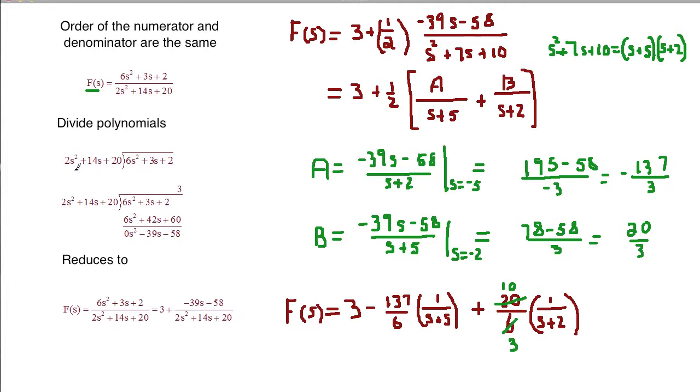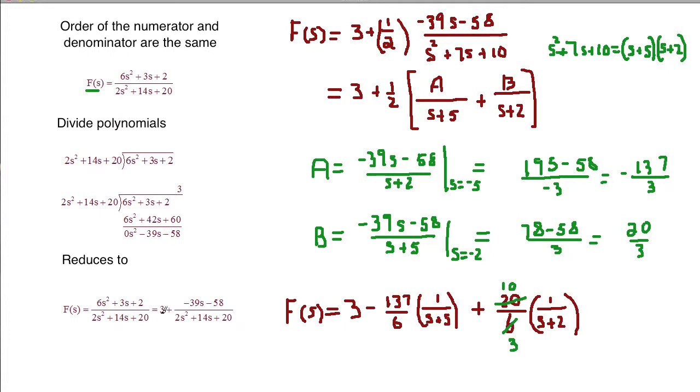We go through the exercise of dividing the denominator into the numerator, and we come out with the following. It's 3, and then this is the remainder. Notice it's 0 times s squared minus 39s plus 58. One way of writing this, 3 with this remainder, is how we would do it with real numbers.